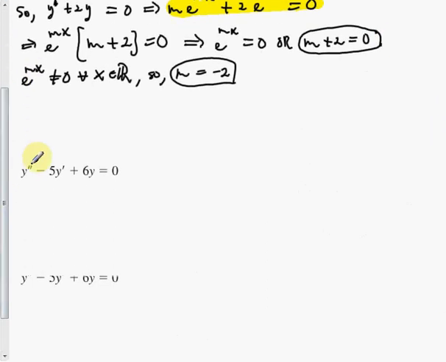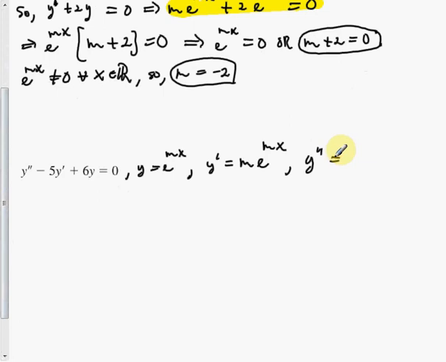The next one has a second derivative in it. The assumption is that y is equal to e to the mx, so y prime is m times e to the mx, and y double prime would be m times m, or m squared, times e to the mx.